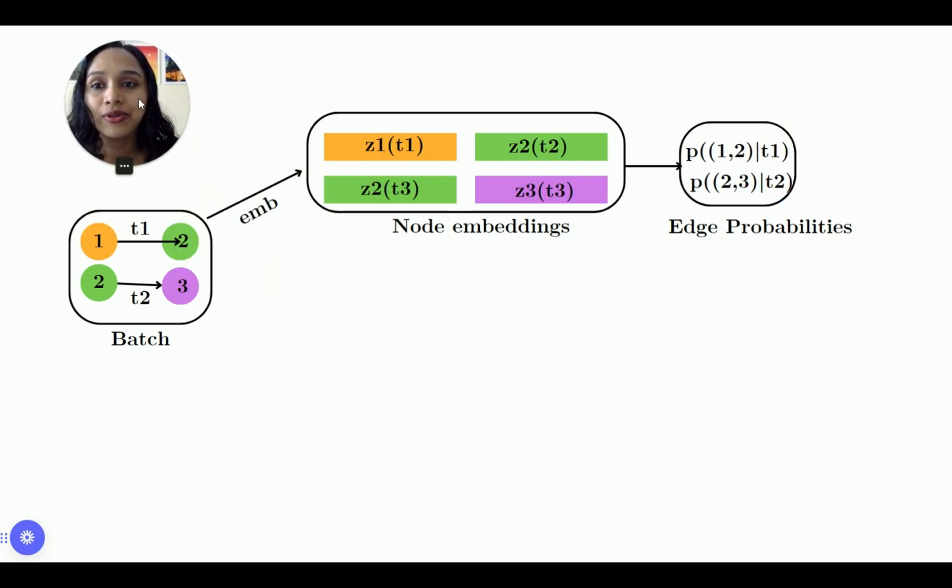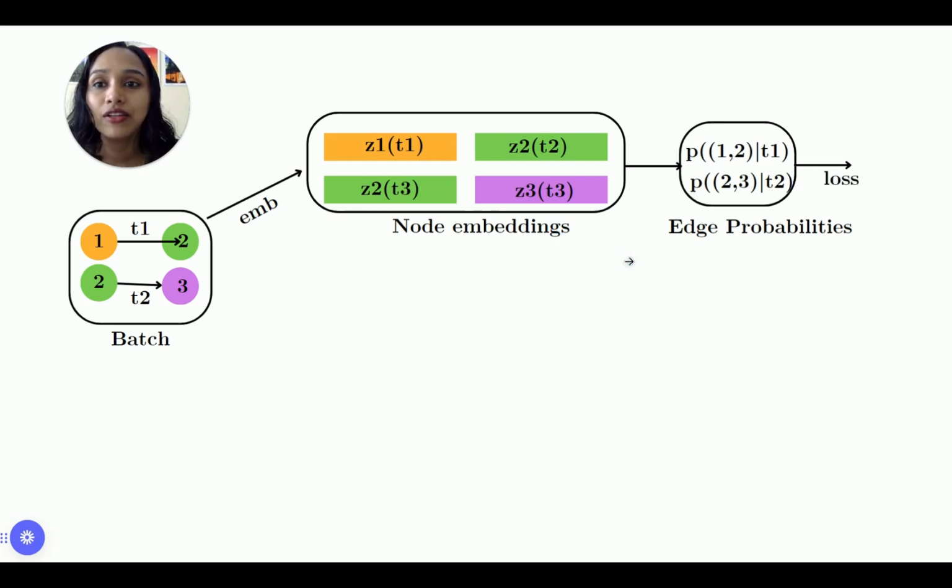This is how we calculate the probability of formation of an edge between 1 and 2 at time T1, and between 2 and 3 at time T2. So these are the edge probabilities for the formation of these edges.